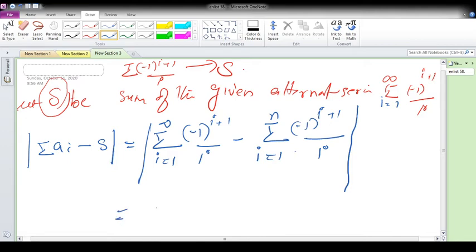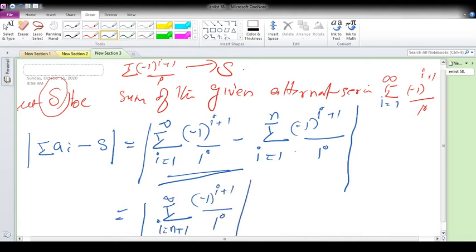So this can be written as, deleting up to n terms in this series, we get summation i equal to n+1 to infinity of (-1)^(i+1) by i.